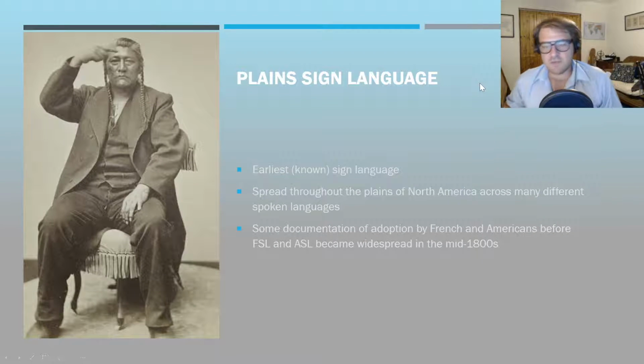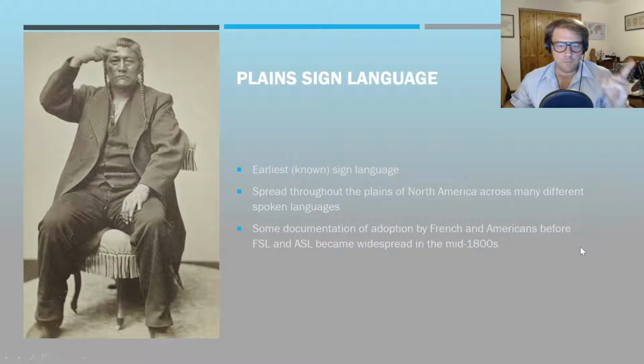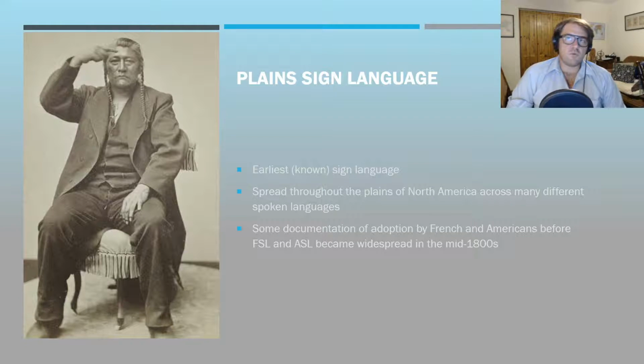The documented evidence that we have is from the early 1500s of this language, but it was already widespread by then, which is why some linguists think that it's probably from around 1000 AD times. So why am I talking about this as an AAC device?